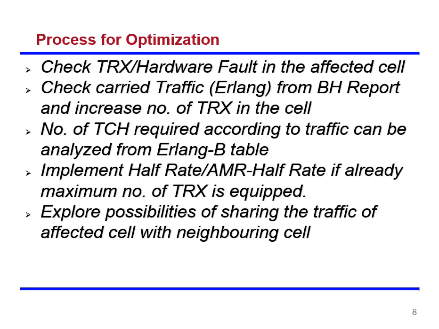These transceiver cards, before increasing the capacity, before going for augmentation, we have to verify their condition, whether they are taking the full load or not. You have to take the traffic reports TRX wise, and if all the TRX are completely loaded, then we can go for increasing the number of TRX. Okay, so that is how we can do that.